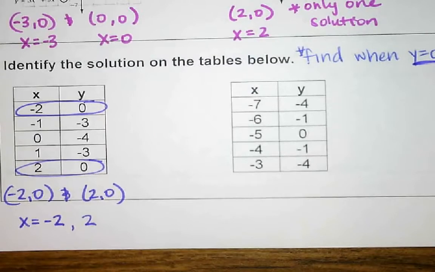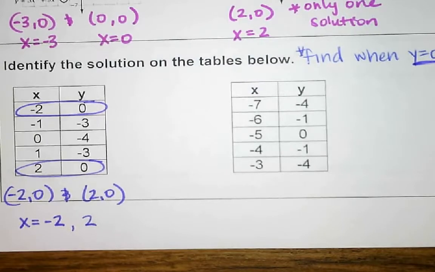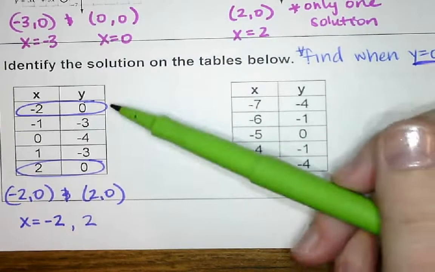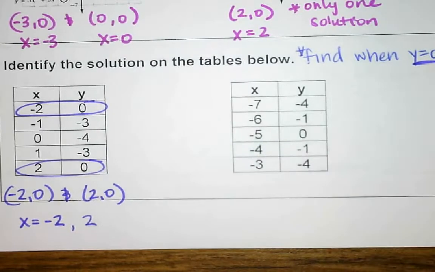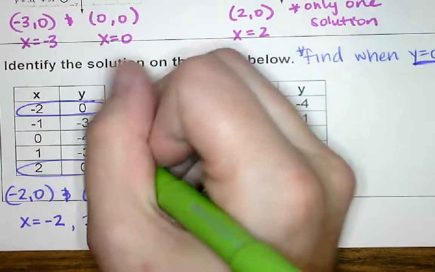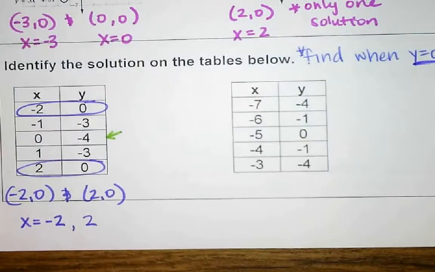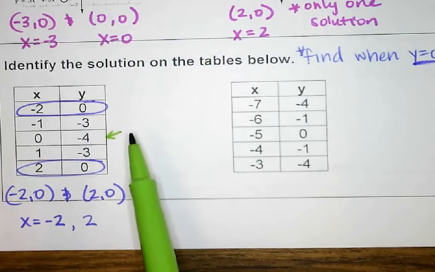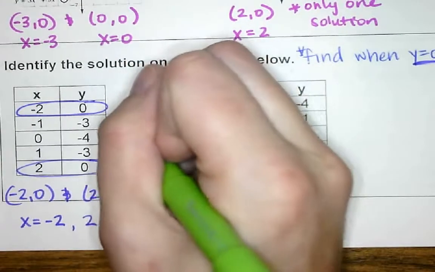And so on this particular problem, guys, if this was multiple choice, what do you think a really good wrong answer would be? The 0, negative 4. Now, this is not a solution, but what is this? This is your y-intercept.